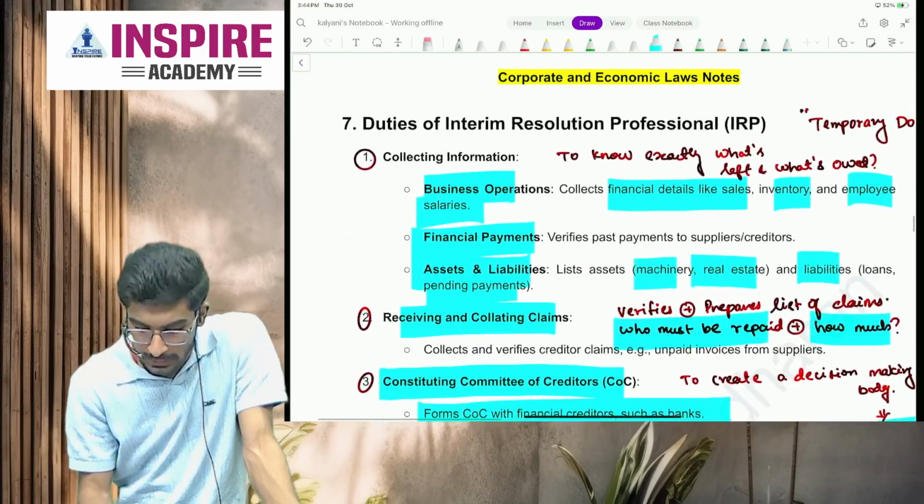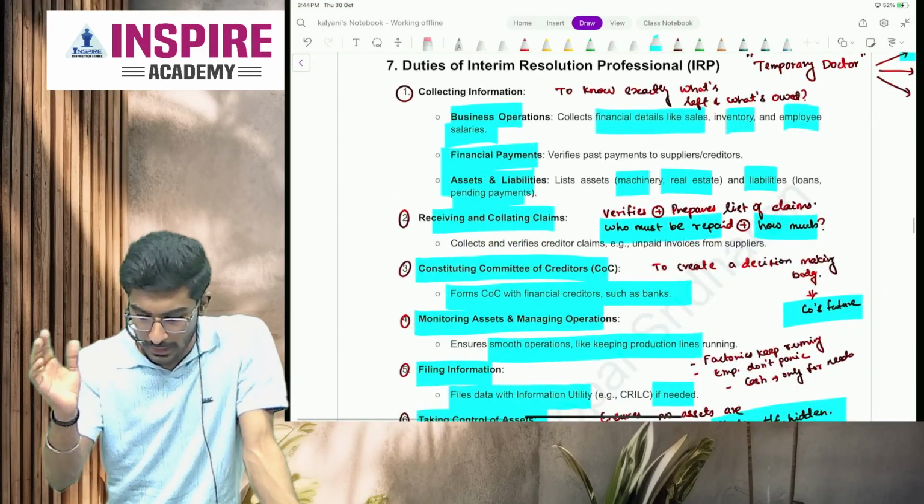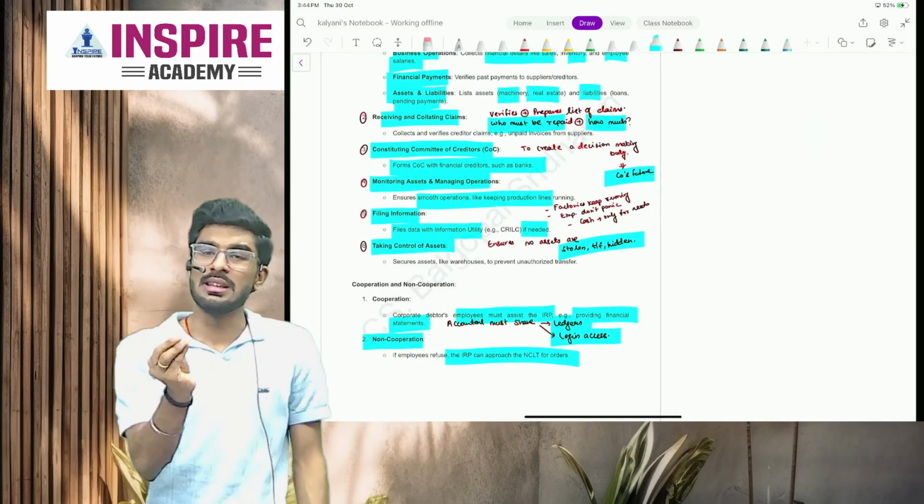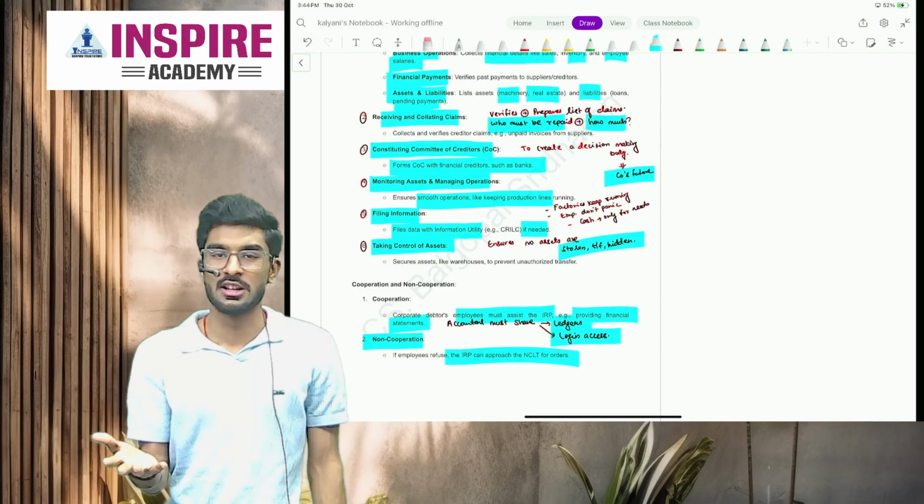Duties of interim resolution professional: collecting information, receiving and collecting claims, considering COC. People, such an easy question. For 7 marks it is asked.